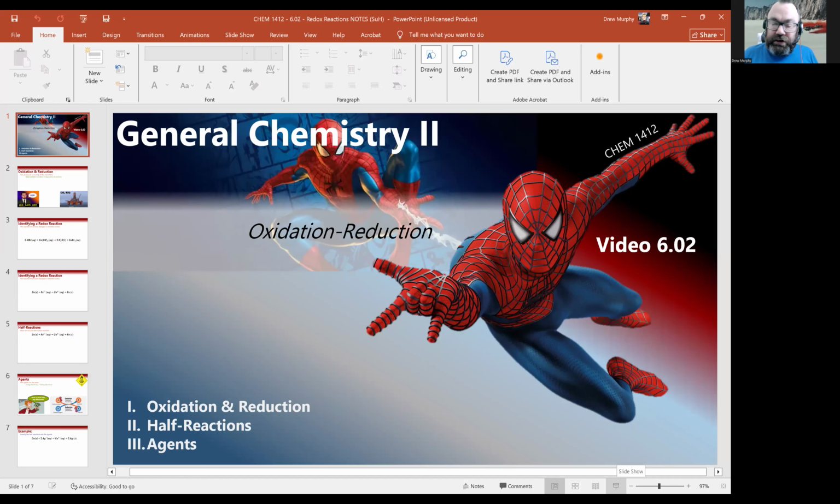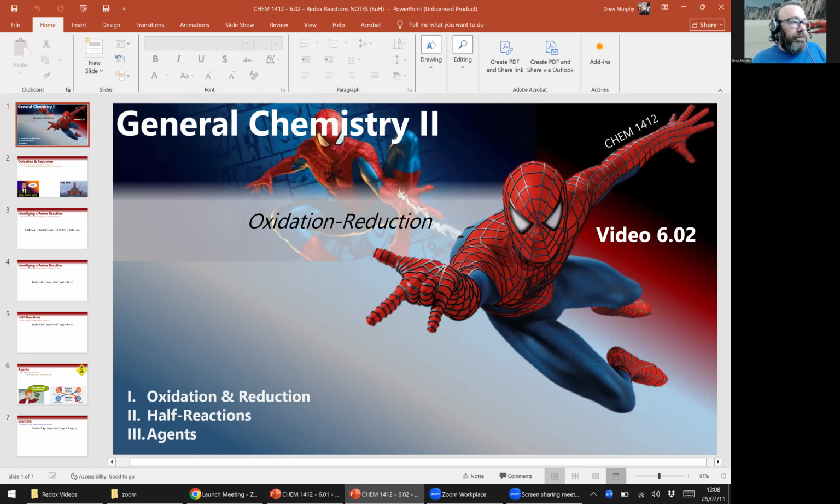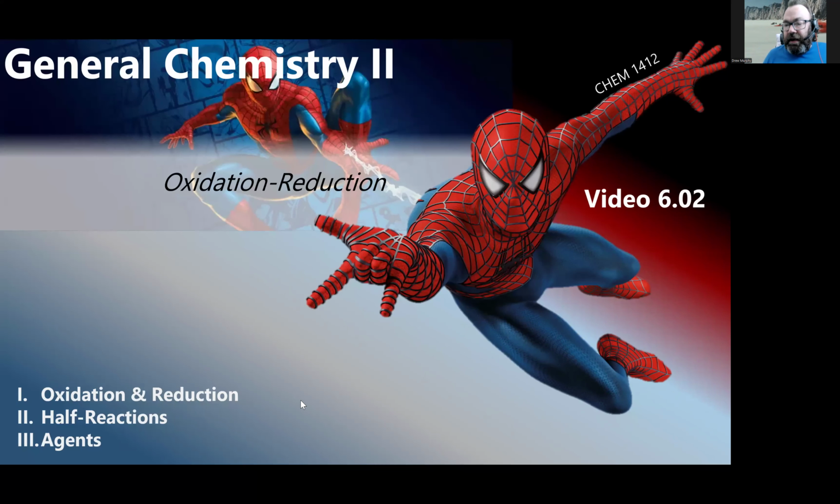Alrighty, so we're going to build on our idea of oxidation numbers that we talked about last time and get into actually looking at, maybe analyzing, thinking about redox reactions, right? Oxidation reduction, we can also call this redox, which happens a lot because of lazy chemist's mouth, or whatever you want to call it.